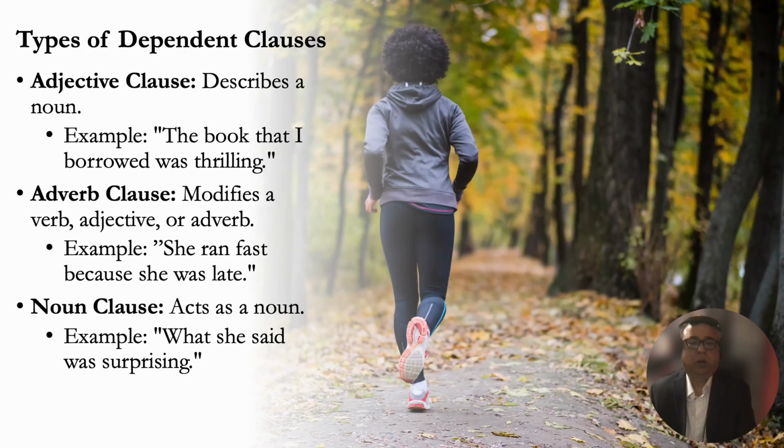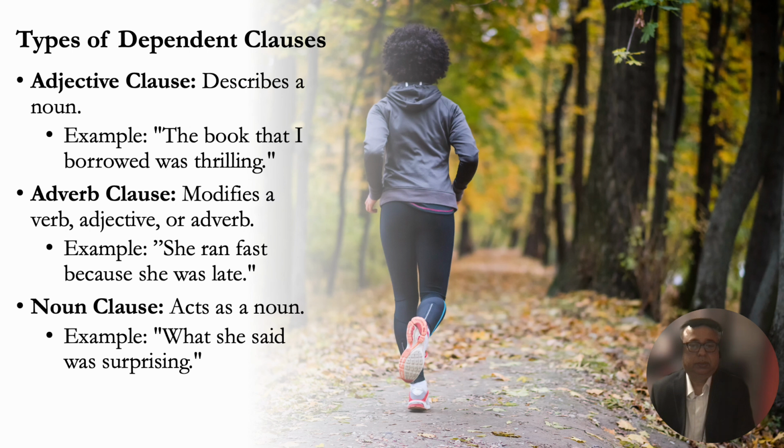Okay? There are different types of dependent clauses, right? An adjective dependent clause: the book that I borrowed. That is a dependent clause. It's a complete sentence, but the dependent clause embedded in the sentence is the book that I borrowed, okay? So that's an adjective clause.